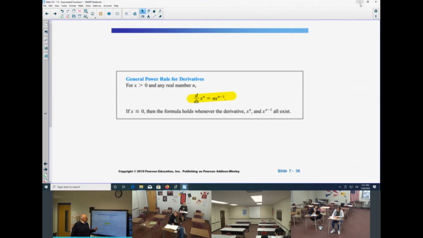Remember when we had a variable raised to a power, then what you did to take the derivative is you bring the exponent in front and then lower the power by 1. So that's what we call the power rule. Now, what we're going to find out today is that only works when the exponent is a number. When it's a variable, then we got to do something else.